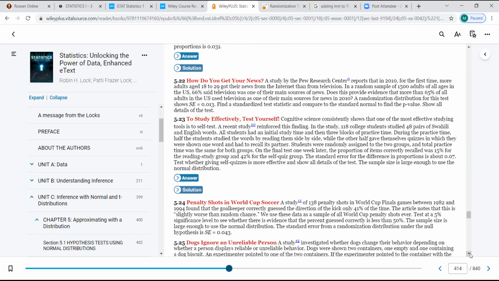Another way of writing it is P1 is greater than P2. So P1 is equal to P2 in the null, and the alternative is P1 is greater than P2. Again, group 1 is our self-testing group. All right, so let's go to our calculator and actually calculate the p-value.